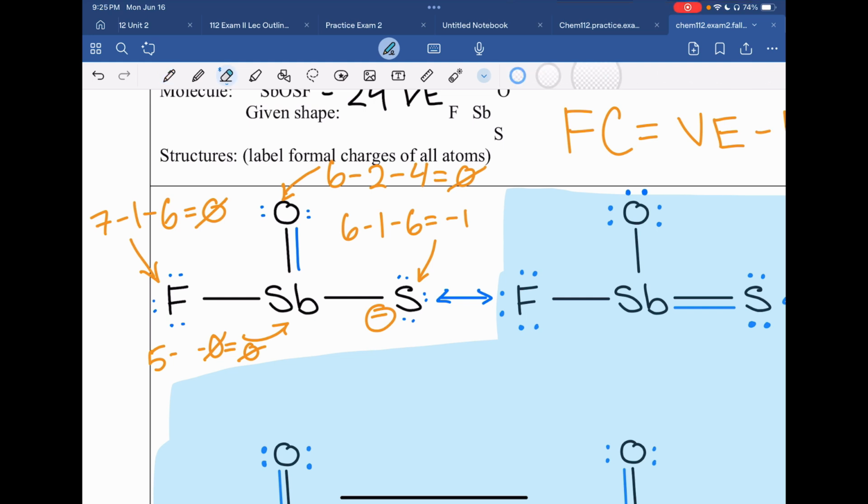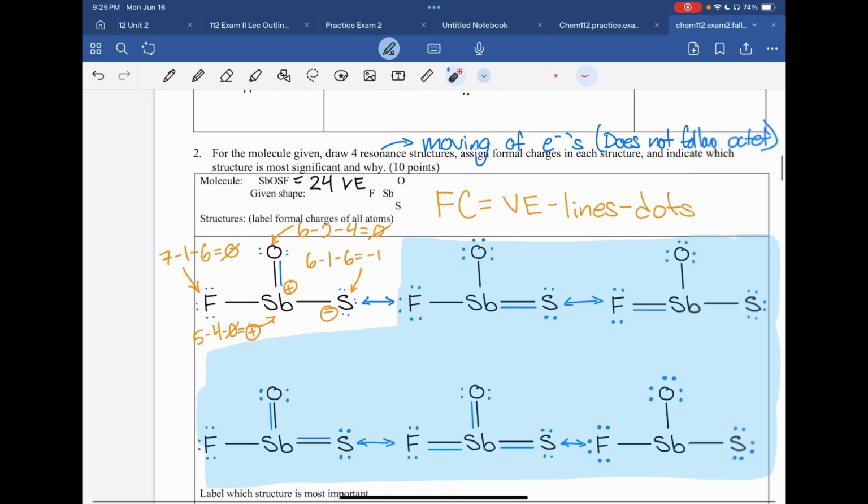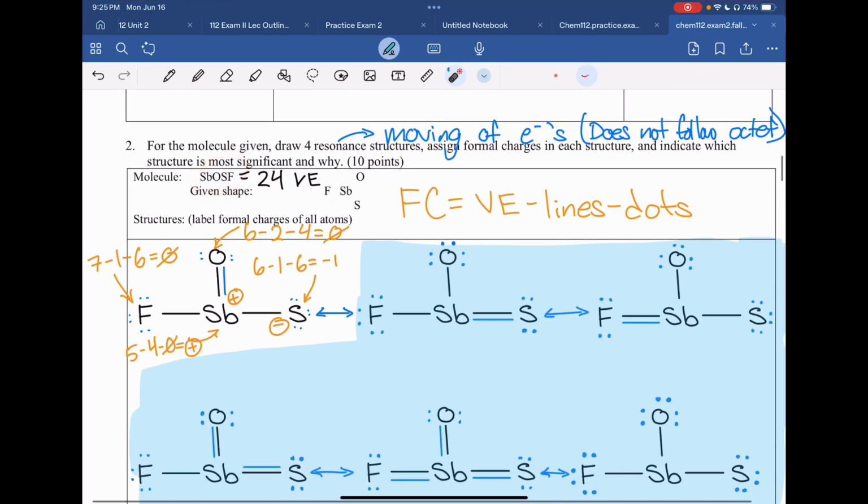There's 4 lines. See, good way to check. Remember, if you start neutral, you must end neutral. It's positively charged. Okay? See? Molecule neutral. This molecule became neutral. Okay? Good way to check your work.